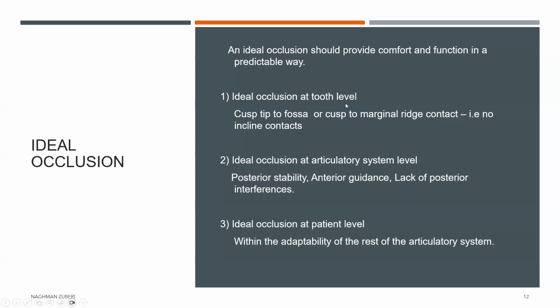Ideal occlusion at the tooth level is cusp tip to fossa or cusp to marginal ridge contact, that is, no incline contact. Just imagine if there will be an incline contact. This is the upper tooth, this is the lower tooth, and they are having incline contact. What is going to happen?